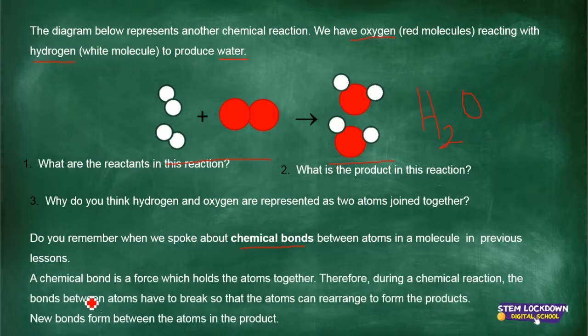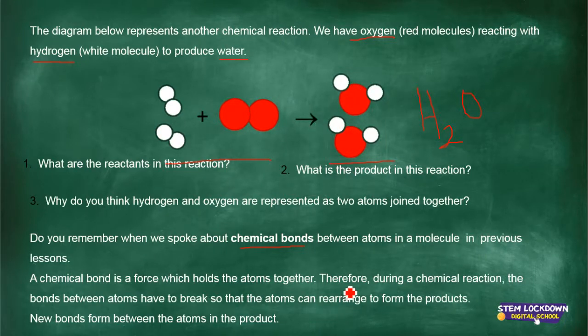A chemical bond is a force that holds the atoms together. Basically, before I read this, I'll explain. What happens is the hydrogen atoms were attracted to the oxygen atoms through an attractive force, and they bonded together to form the water molecule.